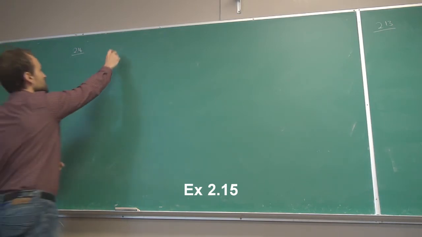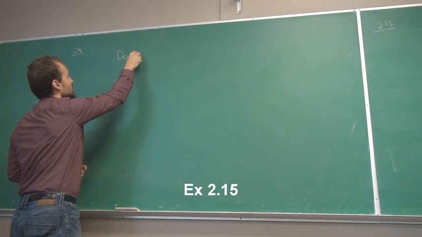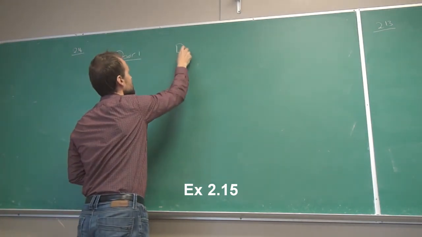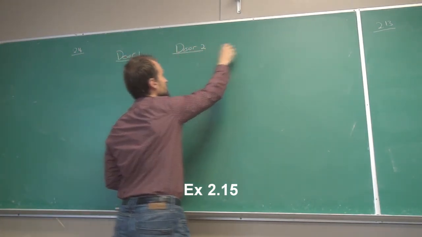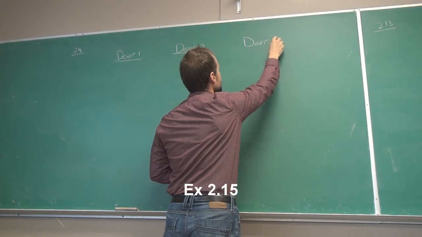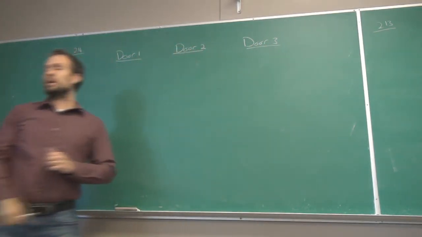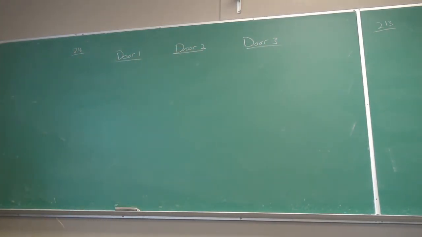So now I have 3 doors. My strategy seems to be working, so I'm going to keep going with it. How many different possibilities do I have to list? 3. Only 3, because he said there's 1 lady and 2 tigers.